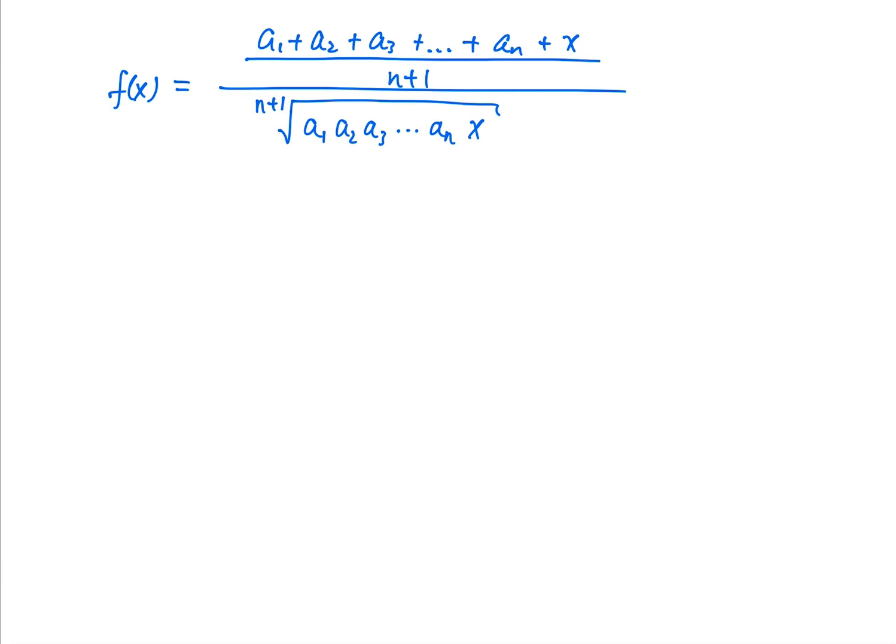First of all, you see we have the sum of the sequence where we have n items in total. So we can replace that by n times the arithmetic mean of n numbers, adding x, and we are going to bring the numerator further down to this place.